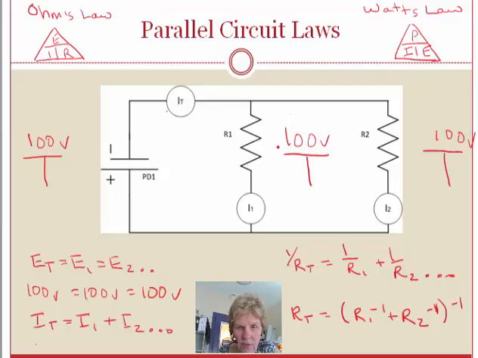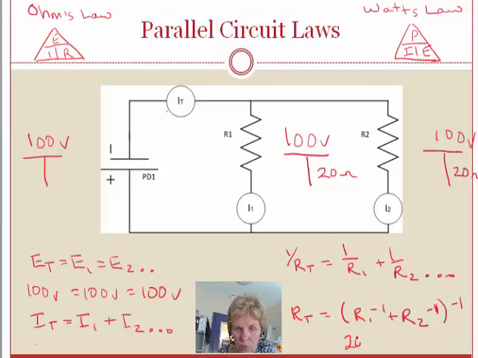Let's say that I knew that each one of these resistors was 20 ohms. And if I knew that, I could go to the formula for finding R total. What I've done is I've written that formula in two different ways down here on the right hand side of the slide. 1 over R total equals 1 over R1 plus 1 over R2, etc. Or R total equals brackets R1 to the negative 1 plus R2 to the negative 1, close brackets, to the negative 1.